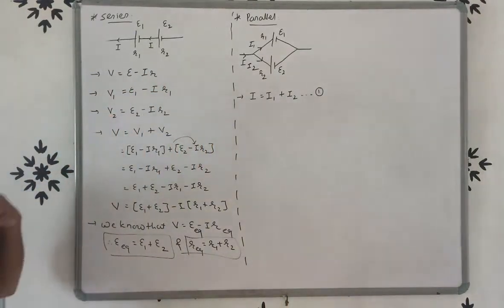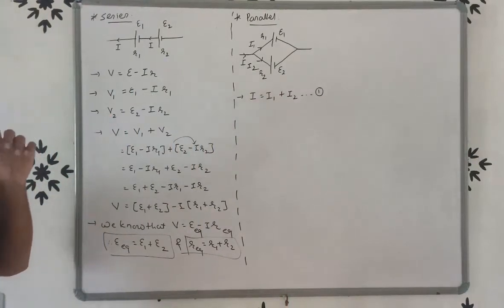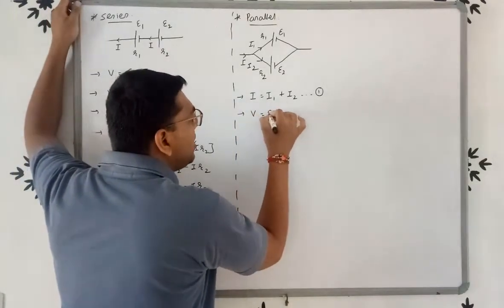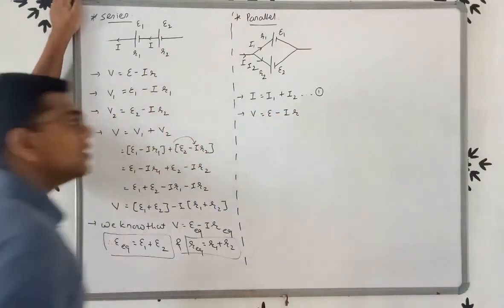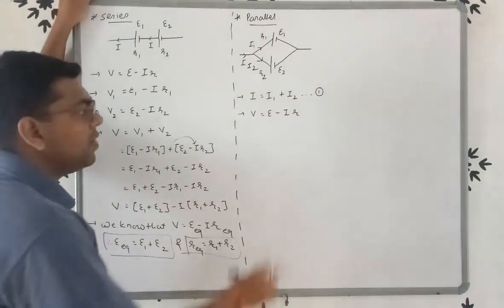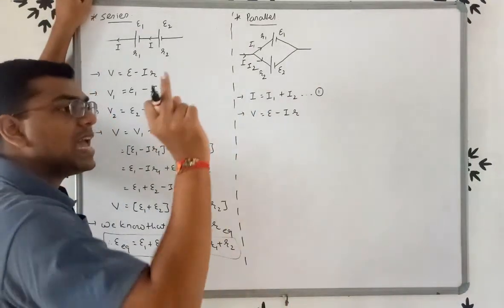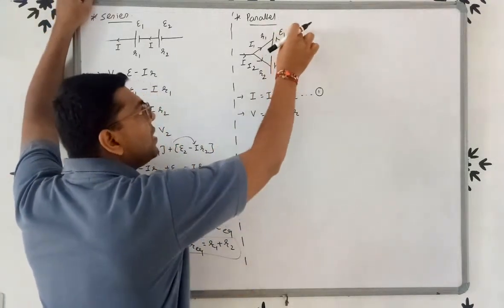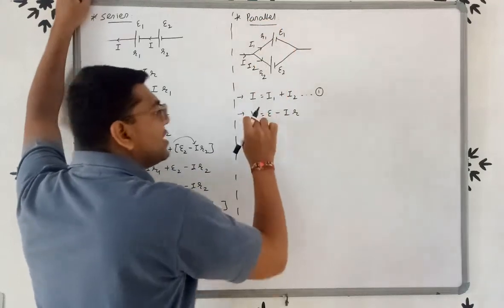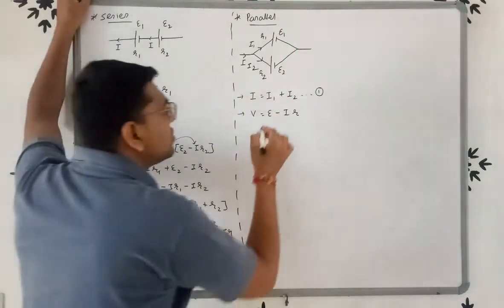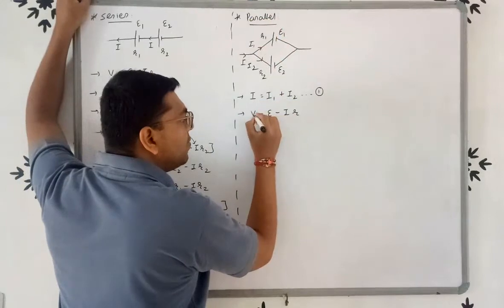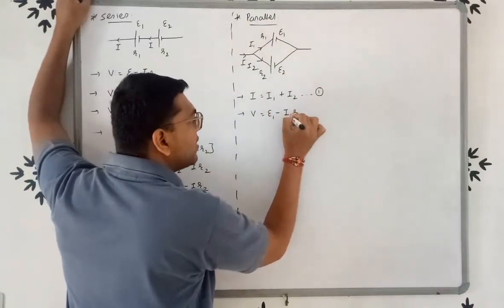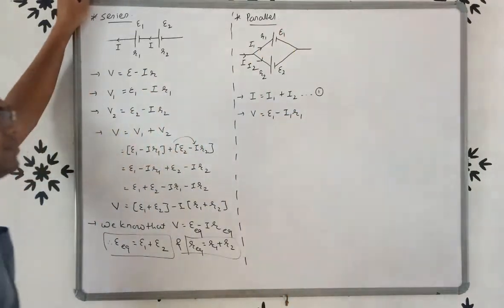To find the current in cell 1 and cell 2, we again use the equation V is equal to E minus IR. If we write this equation for cell 1, V is the same because in parallel combination the potential is the same. The current flowing from cell 1 is I1 and the internal resistance of cell 1 is R1.